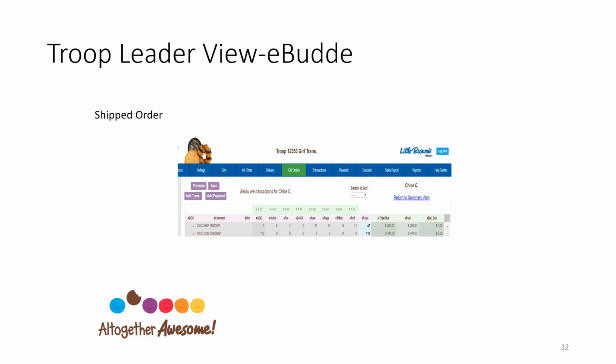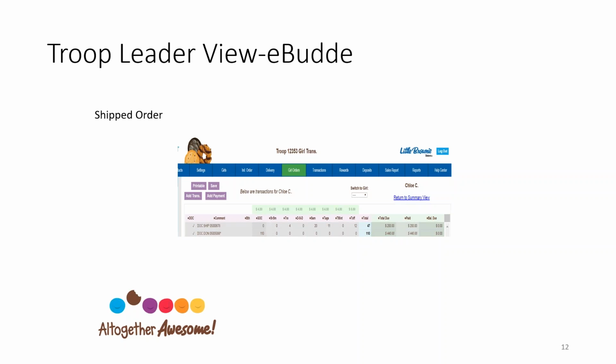Okay, in eBuddy, DOC stands for Digital Order Card. If you click on Girl Orders and then click on the girl's name, if you see something like DOC, that means a customer made a cookie purchase through Digital Cookie. Now, if it says DOC shipped, that means the item was shipped directly to the customer.